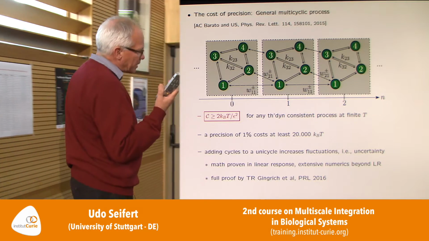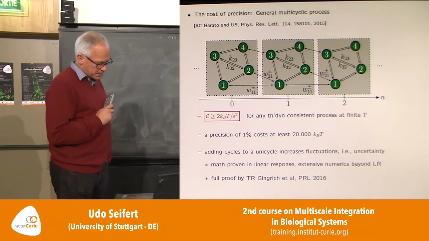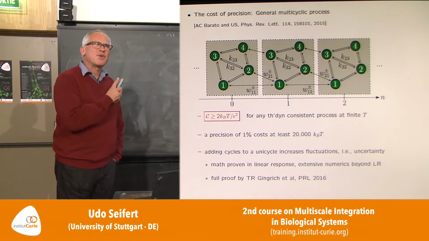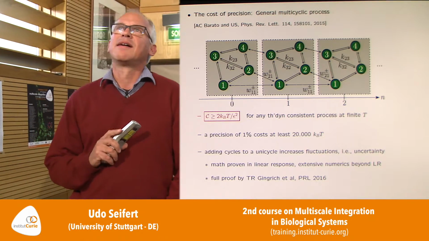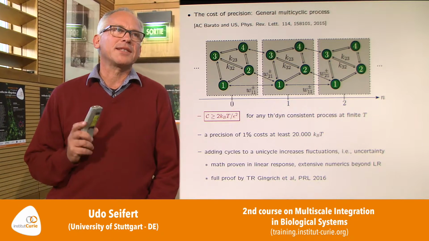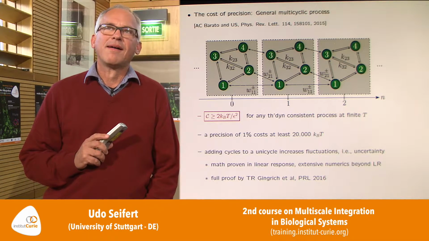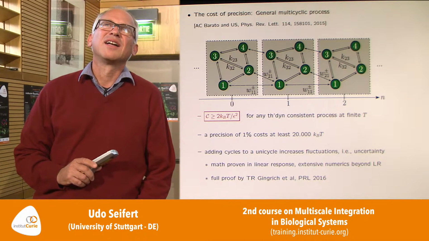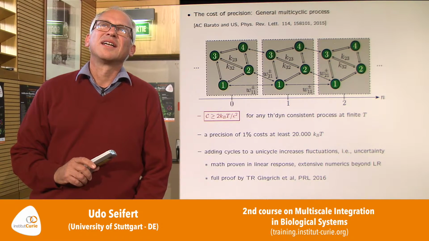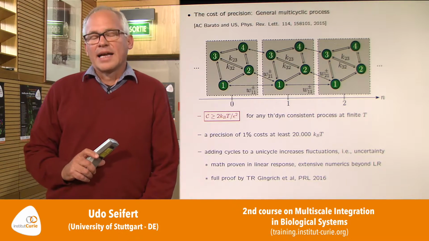Okay, so before I tell you about applications, is the statement really clear? It looks so simple, but I think it's really deep. Two questions, one in the back. How do you relate that to kinetic proofreading, which is a kind of mechanism which... Yeah, that's a good question.